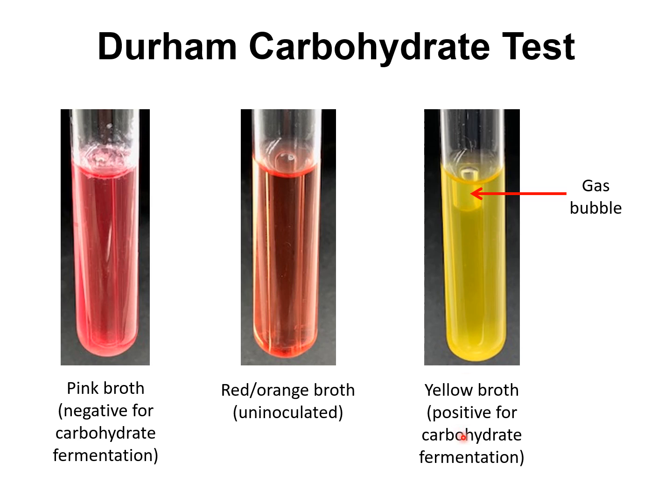Now, what type of carbohydrate was it capable of fermenting? Depending on which carbohydrate you added in the broth. So if this broth had glucose, then I would say my bacteria was capable of fermenting glucose.